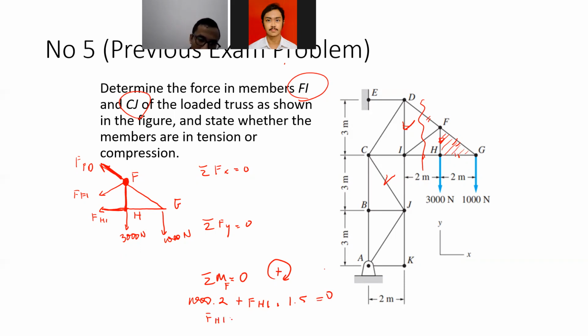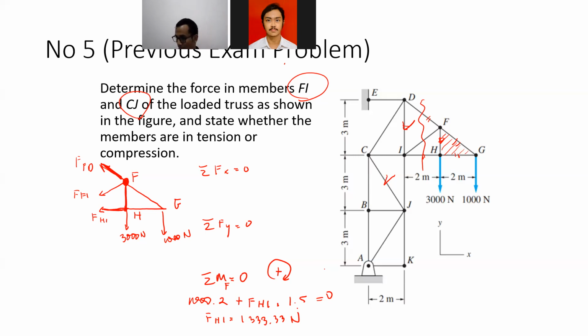So FHI will be negative 2000 divided by 1.5. 1333.33 repeating, so 1333.33 Newton.